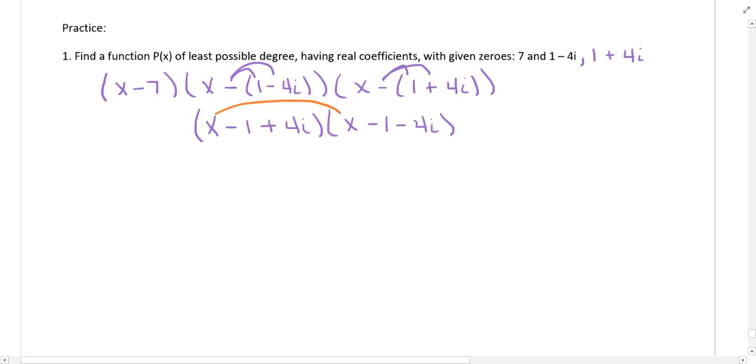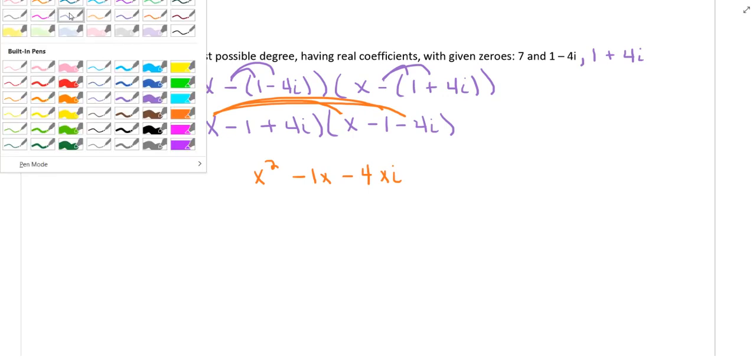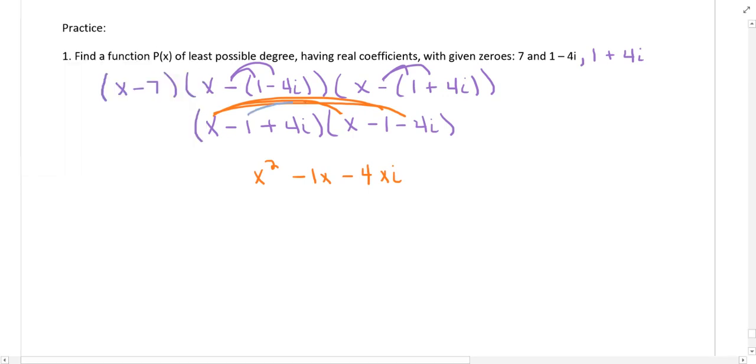So you've got x times x, it's going to be x squared. x times negative 1, negative 1x. x times negative 4i, it's going to be negative 4xi. All right, then I'm going to do the 1. So I've got negative 1 times x, that's going to be a negative 1x. Negative 1 times negative 1 gives me positive 1. Negative 1 times negative 4i will give me a positive 4i.